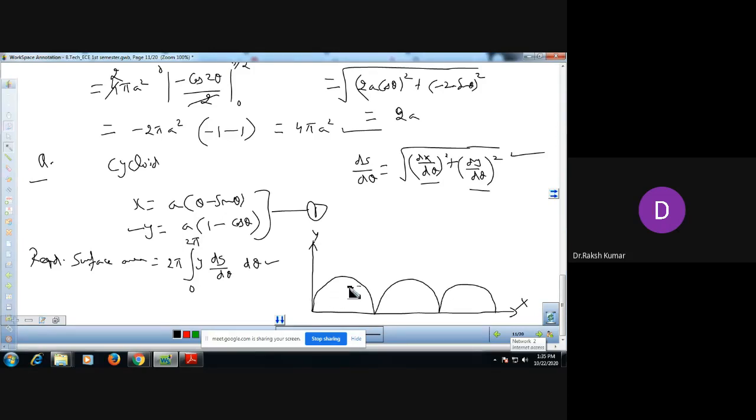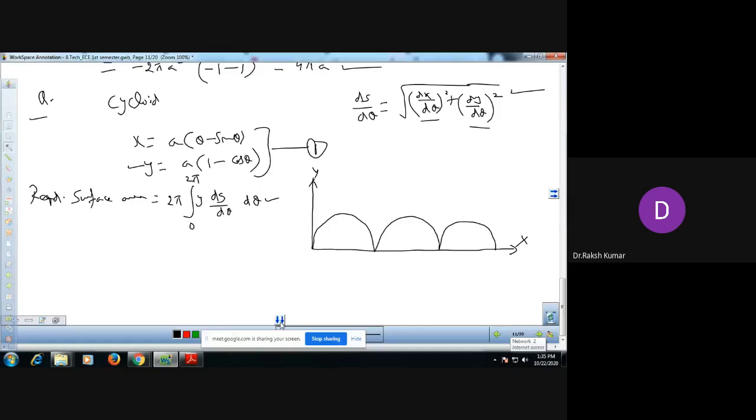Now the second part is important. Also, you will complete it. This is your first part. The second part, you have to find out the surface area of this same curve, the cycloid, when you revolve it about the line y is equal to 2a. Now, this is the line given to us.